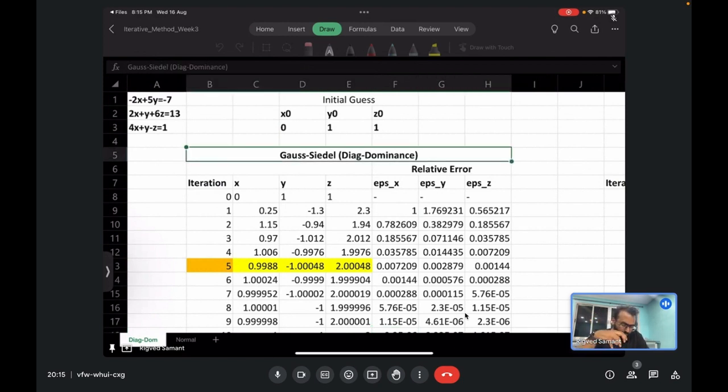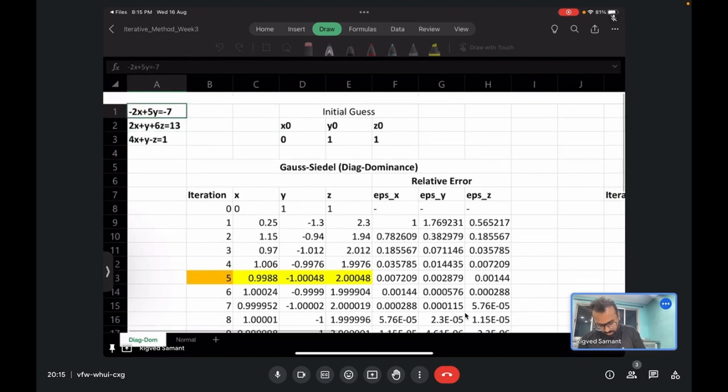Before going to the Jacobi method, let's see what happens if we had our equations like this.